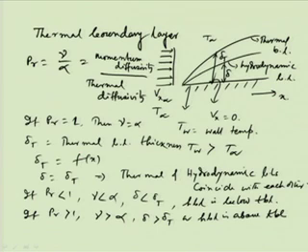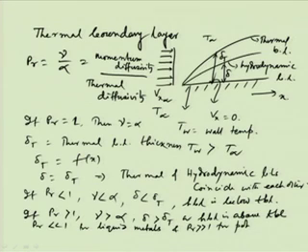And we know that we get Prandtl much less than 1 for liquid metals, as we have discussed previously, and Prandtl much greater than 1 for polymeric, non-Newtonian fluids.